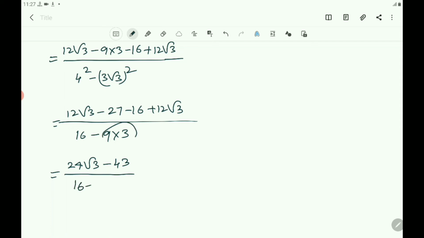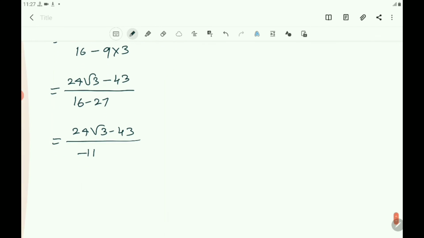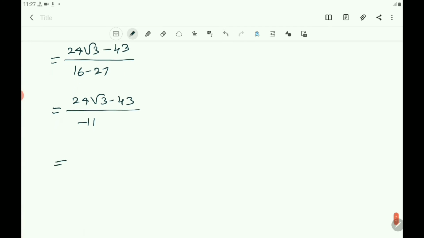16 minus 9 threes are 27. That equals 24 root 3 minus 43, and 27 minus 16 is 11, that is negative 11. Remove the negative sign in the denominator and change the sign of the terms of the numerator.